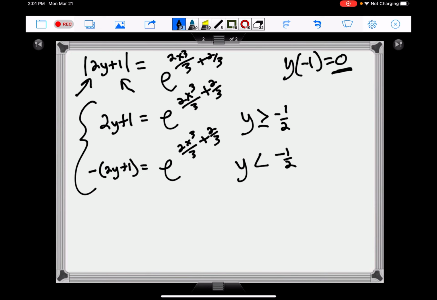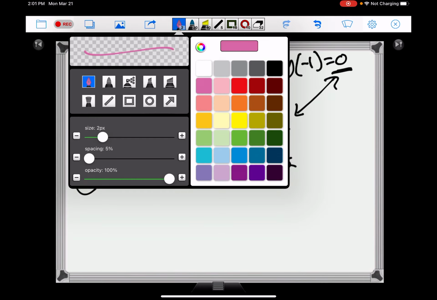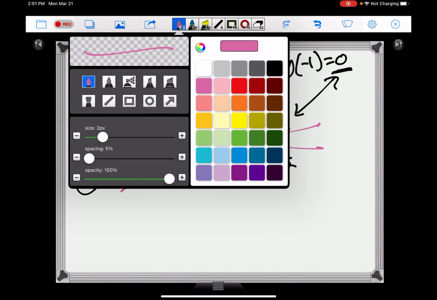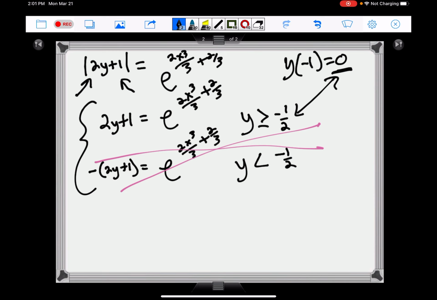Is 0 less than negative 1/2 or bigger than negative 1/2? It's bigger. So this one here, the bottom one, is representing our extraneous solution.